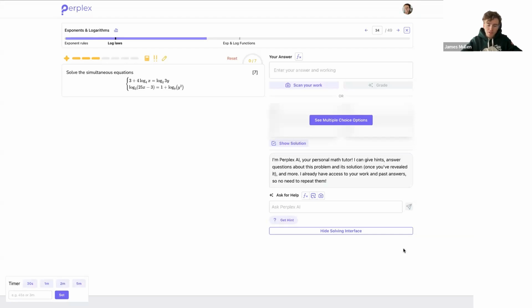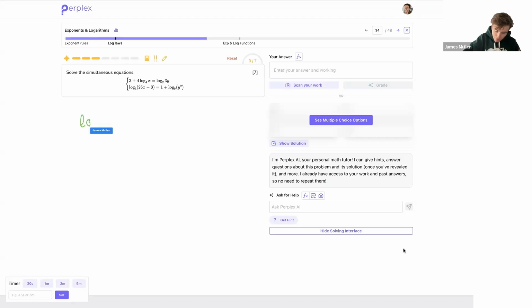So in this question, I'm going to have to use my log change of base laws. And I'm going to do that because I want to convert everything to base 2, because I have a log base 4 in the first equation and a log base 2. So I'd like to convert in the first equation everything into log base 2. So let me do that.